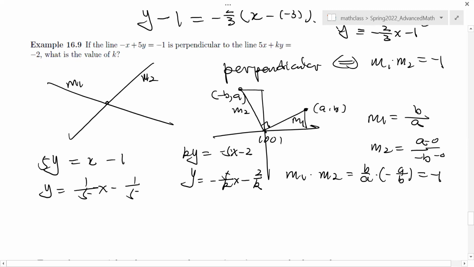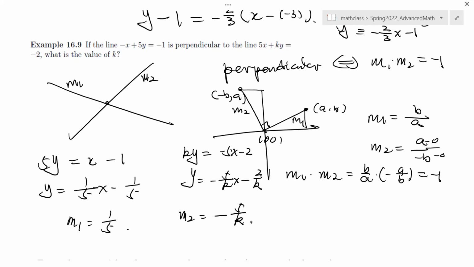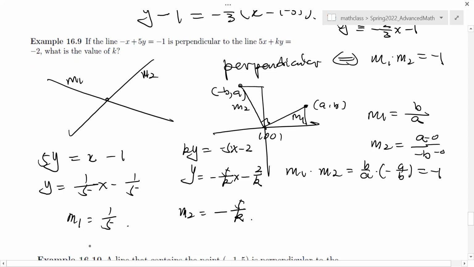So you have two lines right now, each of them written in slope-intercept form. So you can get the slope 1/5, and you can get another slope -5 over k. Perpendicular means the product should be equal to -1, so m1 times m2 equals -1.